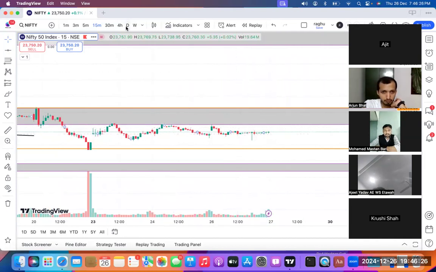Now, in the daily time frame, you said it is a downtrend. Correct? Same person, can you tell me now what the trend is? Uptrend or downtrend? It's sideways. Yeah. But you are the same person who said it's a downtrend, and because of that, you bought a PE. Correct? Because it's a downtrend in the daily time frame. Now your PE is decaying because it's sideways.